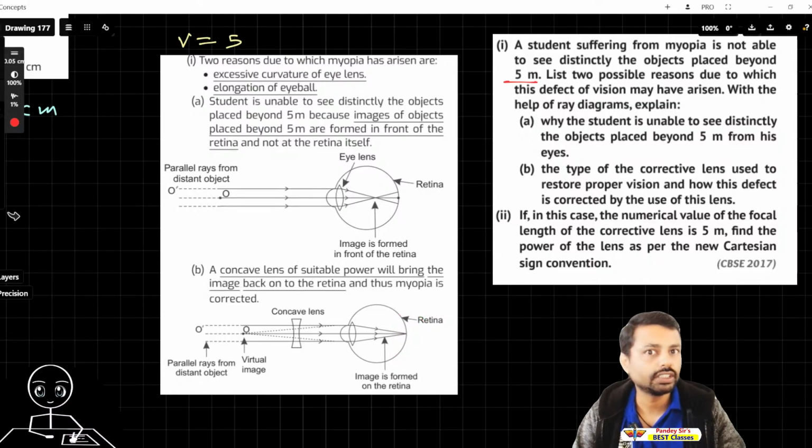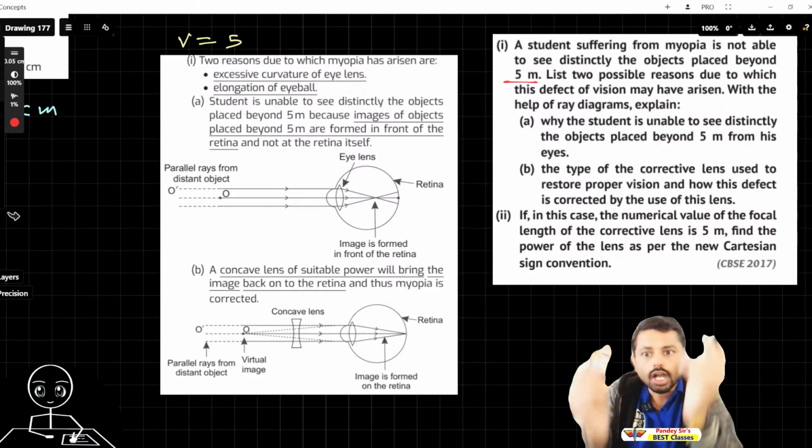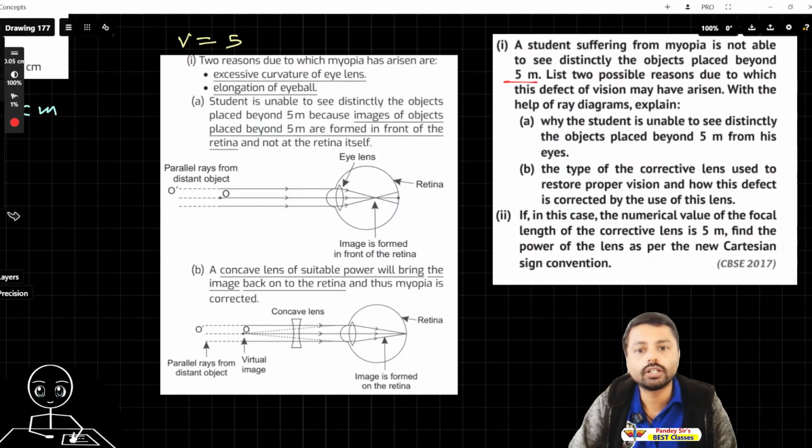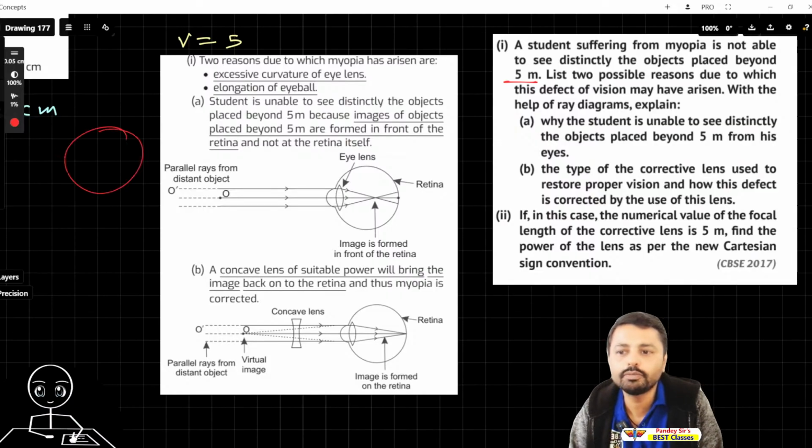Now a big challenge will be, sir, how will I remember this much? Just keep on, the moment they say myopia, only remember this: the eyeball, and the image will form where all the lines meet over here. The light rays are coming and meeting over here. And the solution is just that you have to draw a concave lens, and that's it.